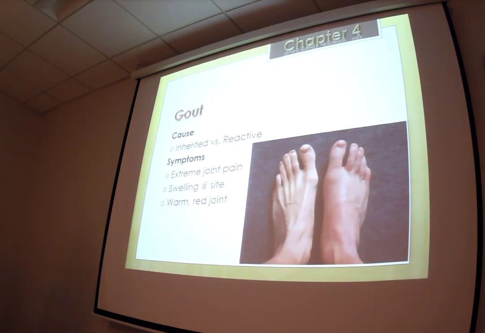So symptom-wise, you're going to have some severe extreme joint pain. You're going to have swelling at the site and very warm and red joints. So here, you can see the foot looks pretty normal. Here you can see the swelling and redness throughout the foot.